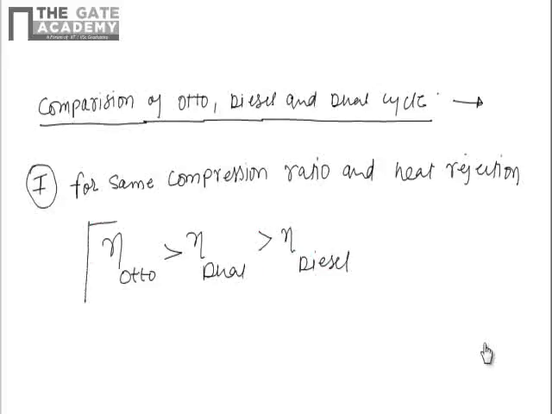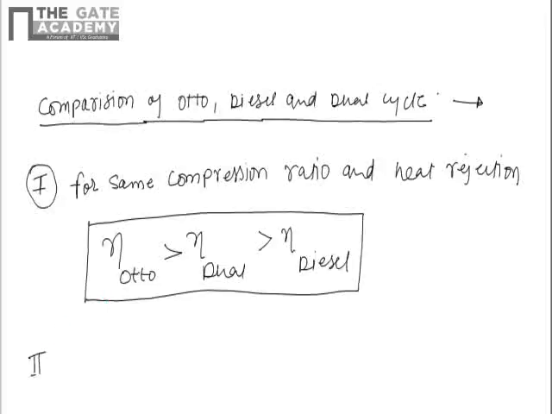So remember this thing. This is very, very important. For the same compression ratio and heat rejection, the efficiency of Otto is greater than the efficiency of dual, which is greater than the efficiency of diesel.